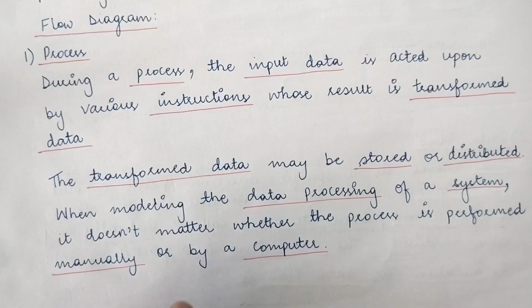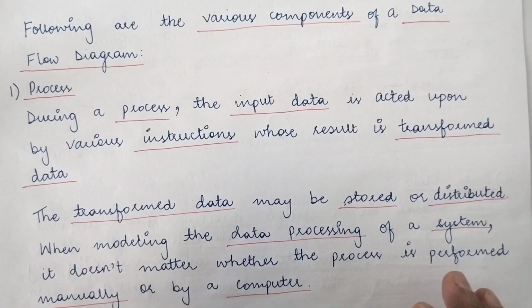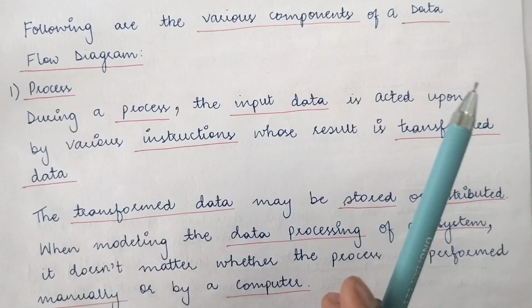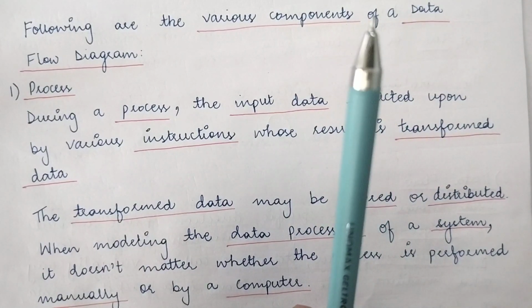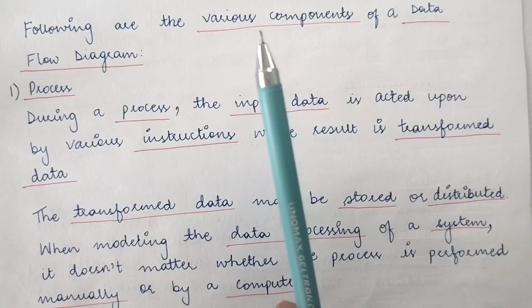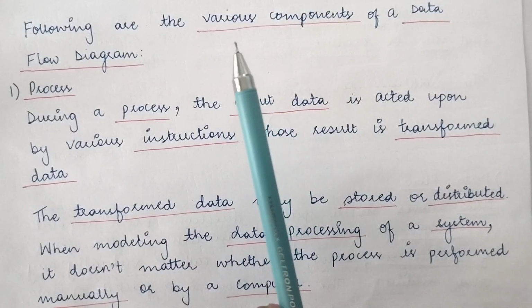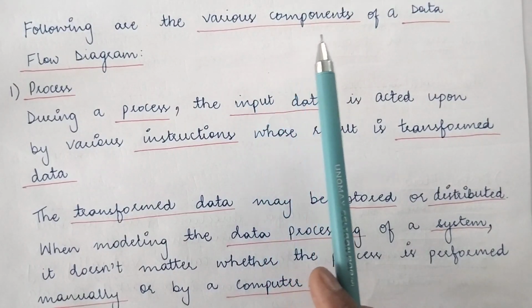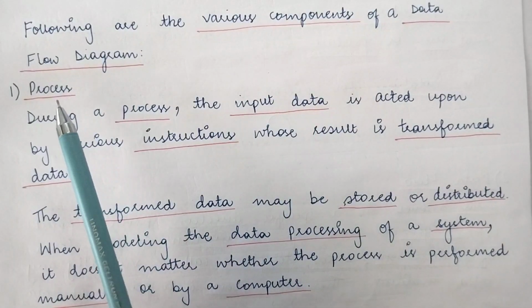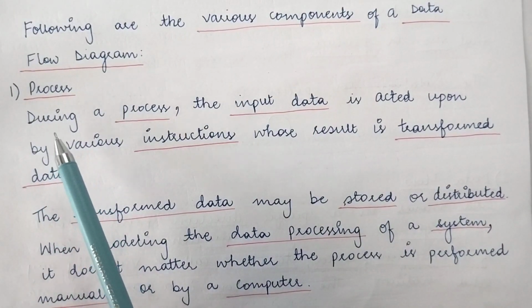Okay, now let's look at all the components of the data flow diagram. Now, till now we have seen that there are three categories of a data flow diagram, which include the context diagram at the first category, the first level DFD in the second category, and the functional decomposition diagram in the third category. Now, talking about what all components are there in a data flow diagram, the first component or element of a data flow diagram is a process.